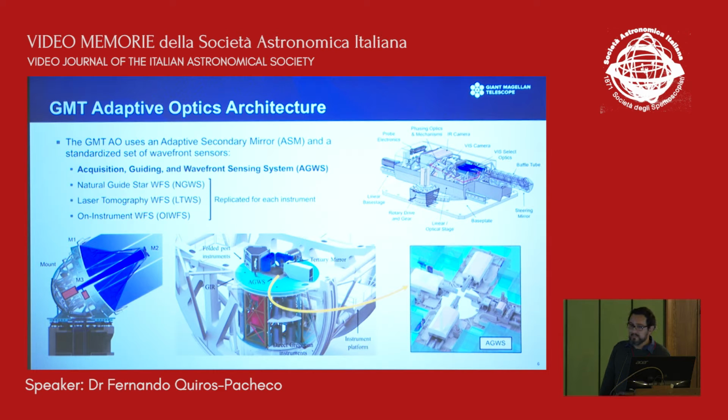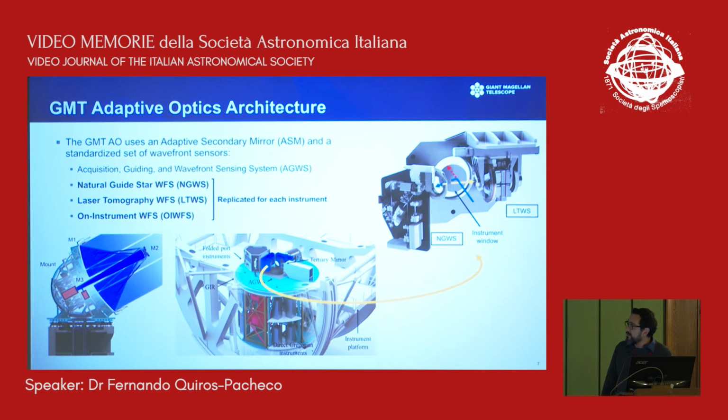It's the one that will be performing all active optics and phasing using 4 probes that I will describe in a dedicated slide. And the other wavefront sensor that is relevant to AO is the actual AO wavefront sensor that has 2 options: a natural guide star wavefront sensing system and a laser tomography wavefront sensing system. I'm going to focus on the NGWS only.